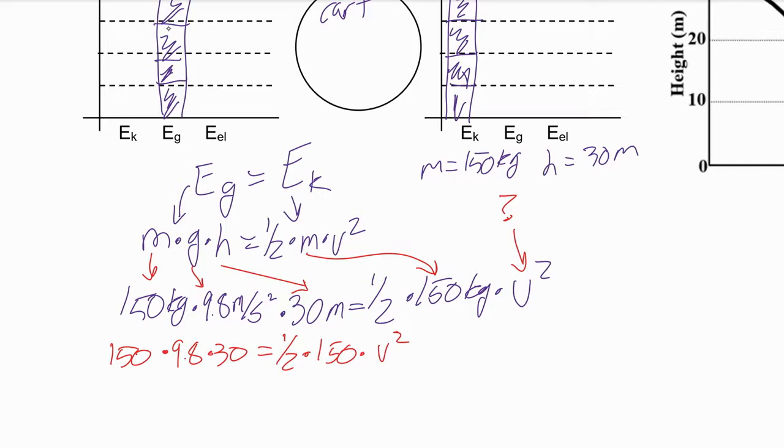That looks a lot easier to solve now compared to what it was before. So what I'm going to do now is calculate these in my calculator, and then I'll write the answers right here. So the left-hand side equals 44,100, and this side equals 75 times V squared.